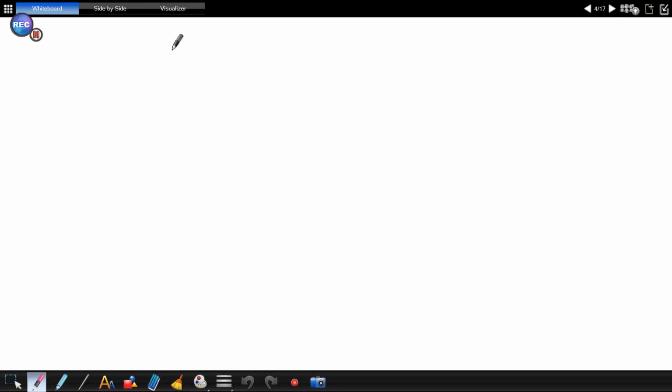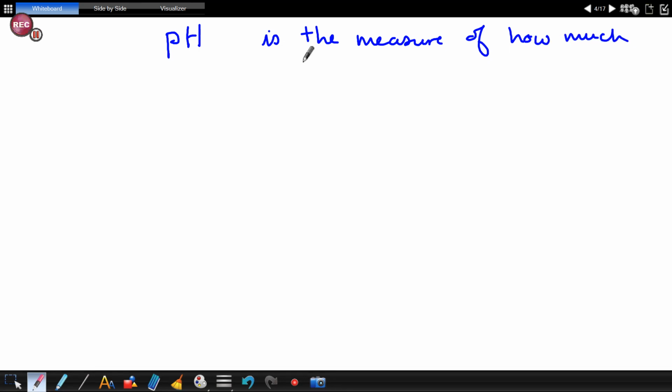So pH is the measure of how much hydrogen ions are present.